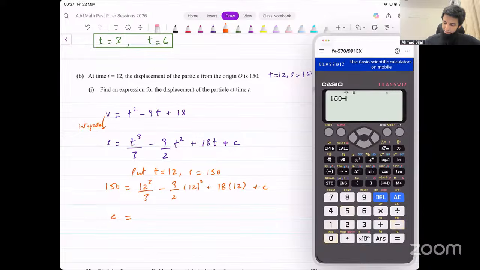150 minus 12 cube over 3 plus 9 over 2 times 12 squared minus 18 into 12.